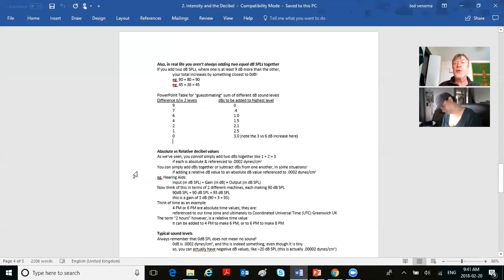And then we had another wrinkle to it, because look at the top of page 4. In real life, we're not always adding equal values together, not just in terms of frequency. Not only are they different in frequency, but in real life, they're also different in intensity. This is the next wrinkle.